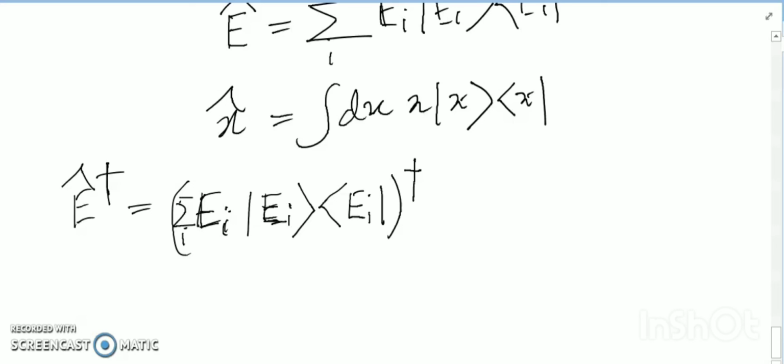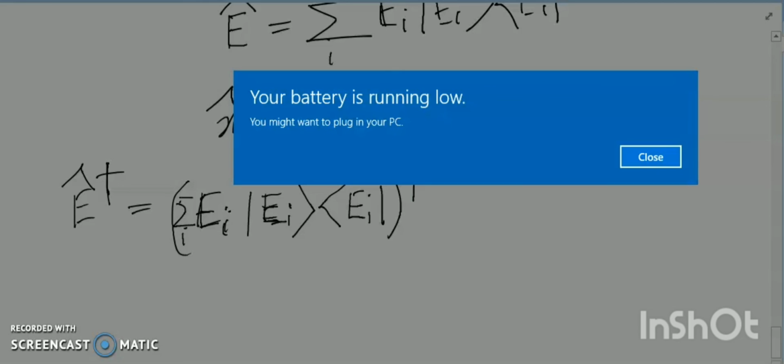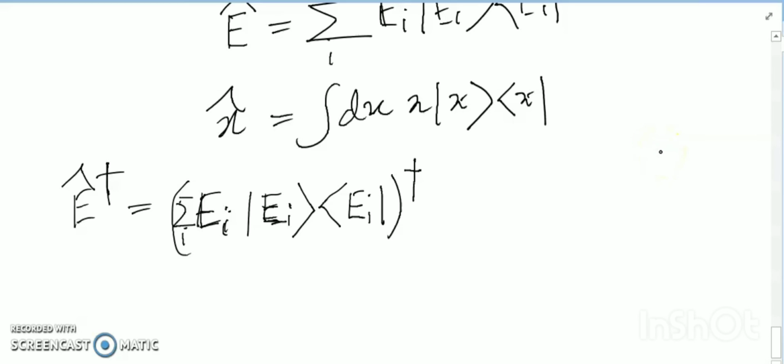First, let's use the property that the Hermitian adjoint of a sum is the sum of Hermitian adjoints.